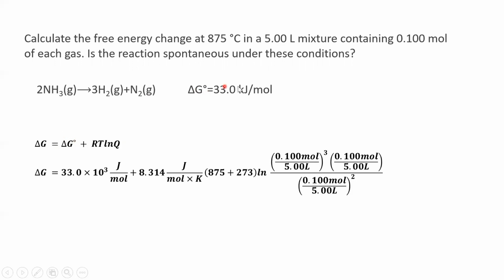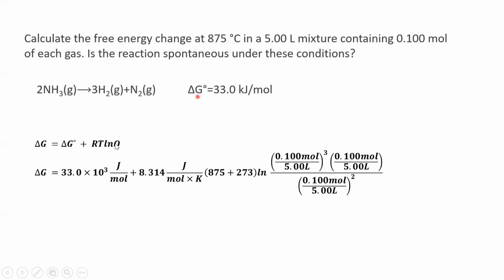Now we were given it in terms of kilojoules per mole, but the R value we're going to use is in terms of joules per mole Kelvin. So we're going to convert from kilojoules per mole to joules per mole by multiplying by 1,000. So here's our free energy at standard conditions.